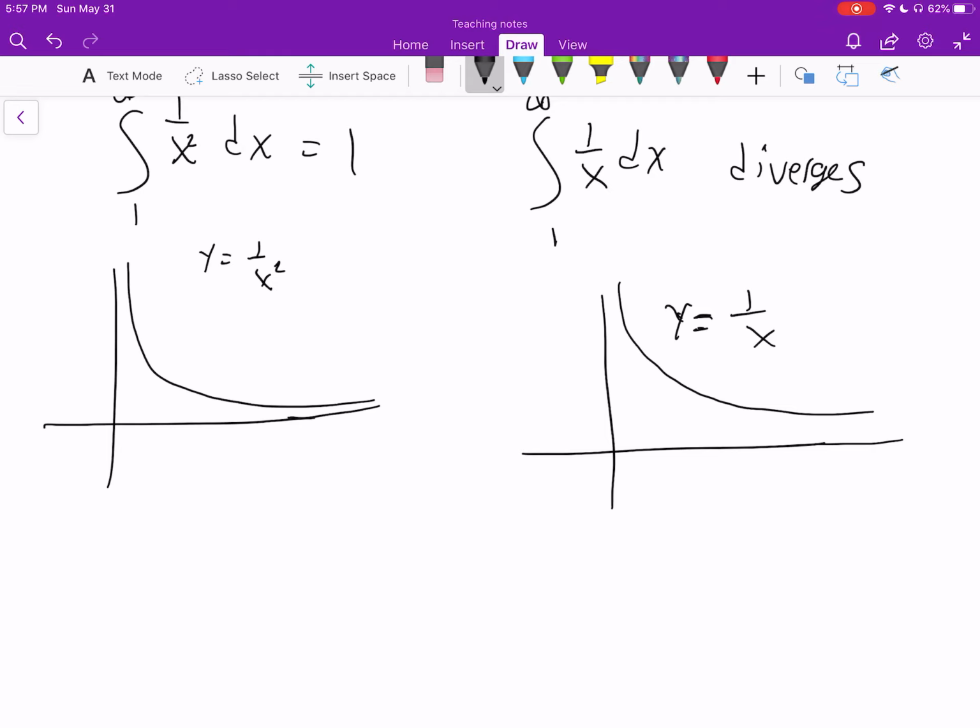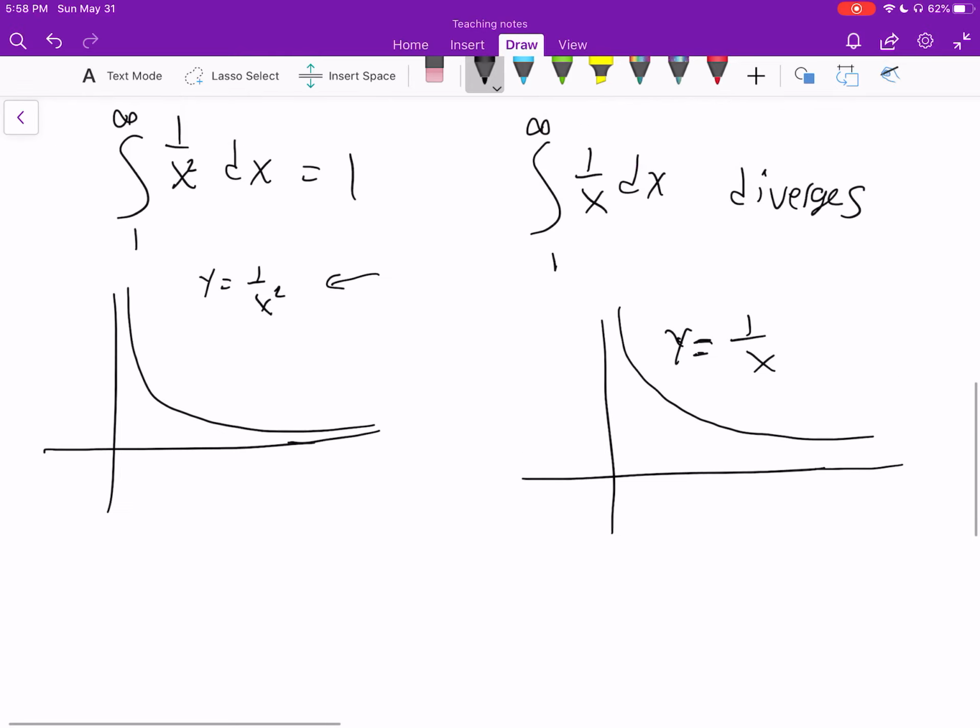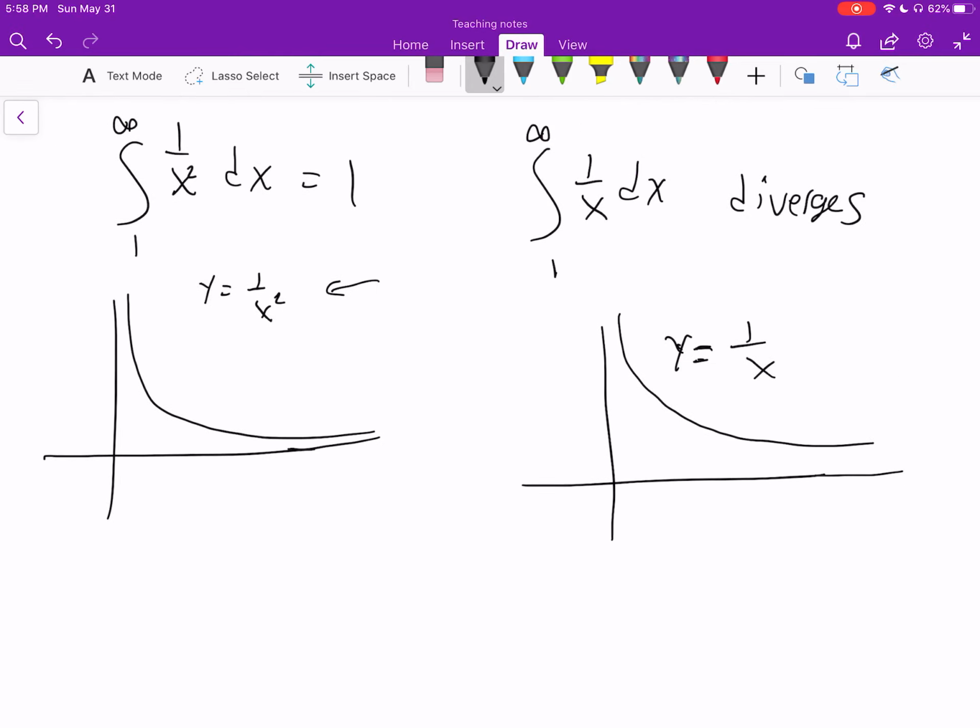What you can think about is, 1 over x squared goes to 0 in such a way that when I add up all these rectangles, I'm getting such small numbers that they aren't changing anything. When I add them all up, I get 1, and then no matter what I add to it, it doesn't change it. Whereas 1 over x doesn't go to 0 fast enough, so I get an infinite area in that case. The integral diverged. So that's just something to think about.